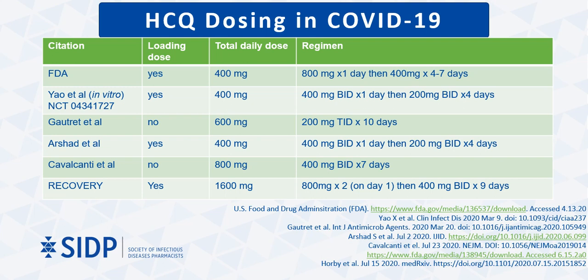In terms of hydroxychloroquine in COVID-19, this table includes a list that's not comprehensive of different dosing regimens that have been utilized for hydroxychloroquine. Some include loading doses, others do not.